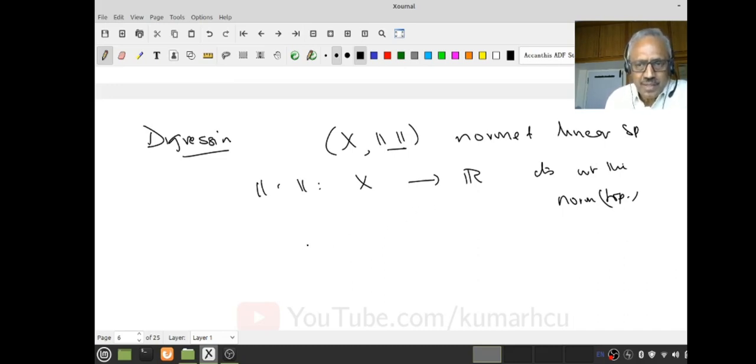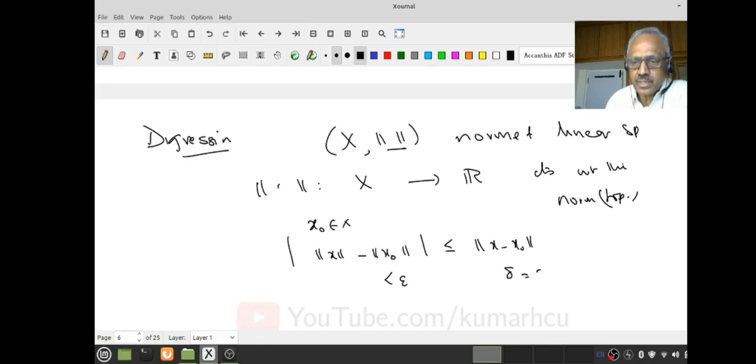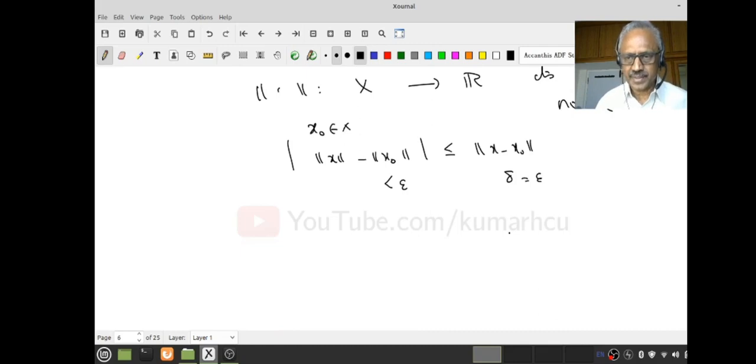How do I prove that? You start with any point x0 in X, then I have to estimate the modulus of norm of x minus norm of x0, but this will be less than or equal to norm of x minus x0. Right? So if I want to show this is less than epsilon, I can choose delta to be epsilon, therefore this will happen. Are you following? You give an epsilon, call this f if you want.